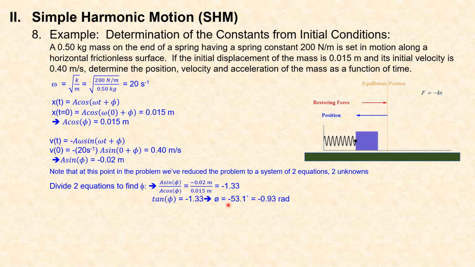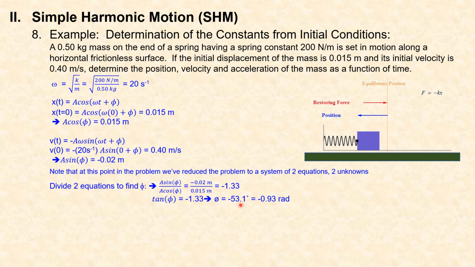And we can solve that. Notice here that the tangent function gives you two possibilities, quadrant 2 or quadrant 4. Because the sine of that angle is negative and the cosine is positive, we know that our angle has to be in quadrant 4, where sine has a negative value and cosine has a positive value.